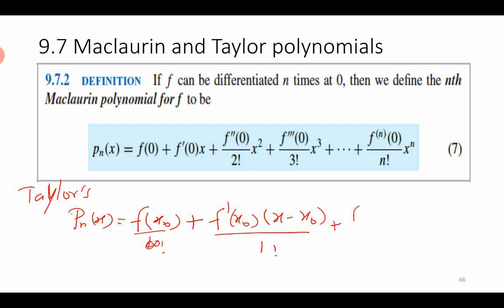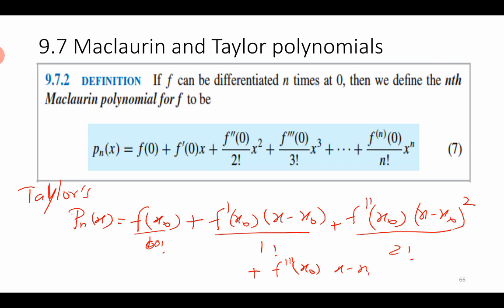Third term, can you guess? F double dash of x0 times x minus x0 whole squared, divided by 2 factorial. It goes on. F triple dash, the third derivative at the point x0, times x minus x0 whole cubed, divided by 3 factorial. It's going on.